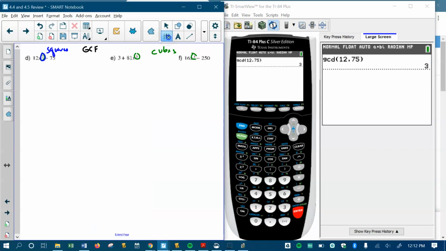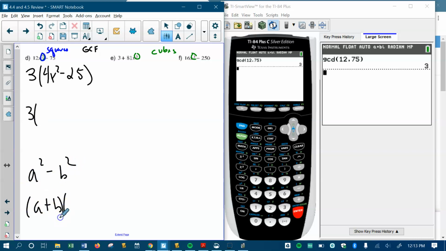Okay, so now this is going to be 3, because I'm dividing a 3 out, with 4x squared, and 75 divided by 3 is minus 25. Okay, and now this is the difference of two squares. So we have 3. If you don't remember what a difference of squares is, a squared minus b squared is a plus b and a minus b.